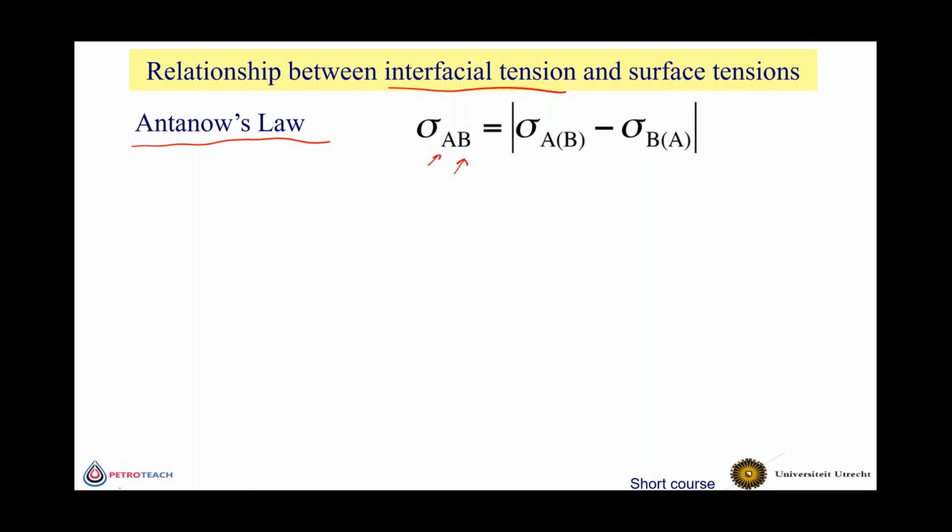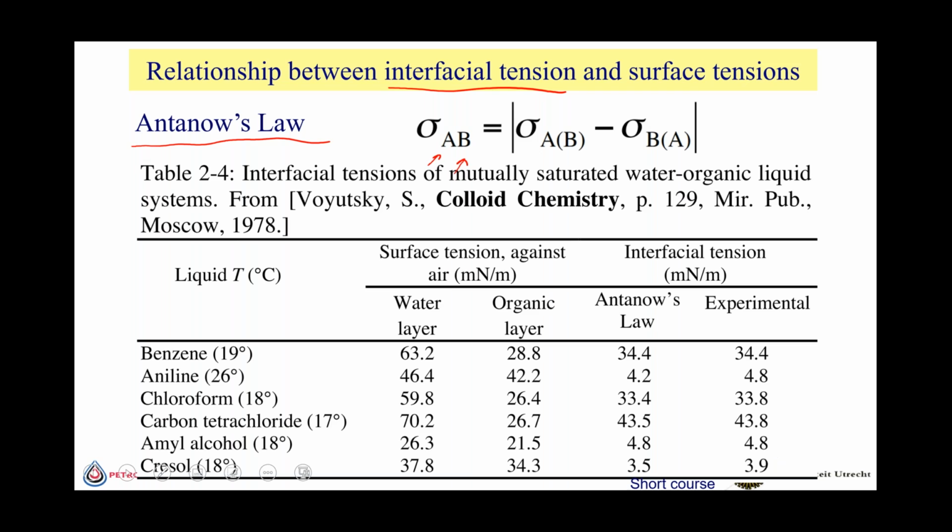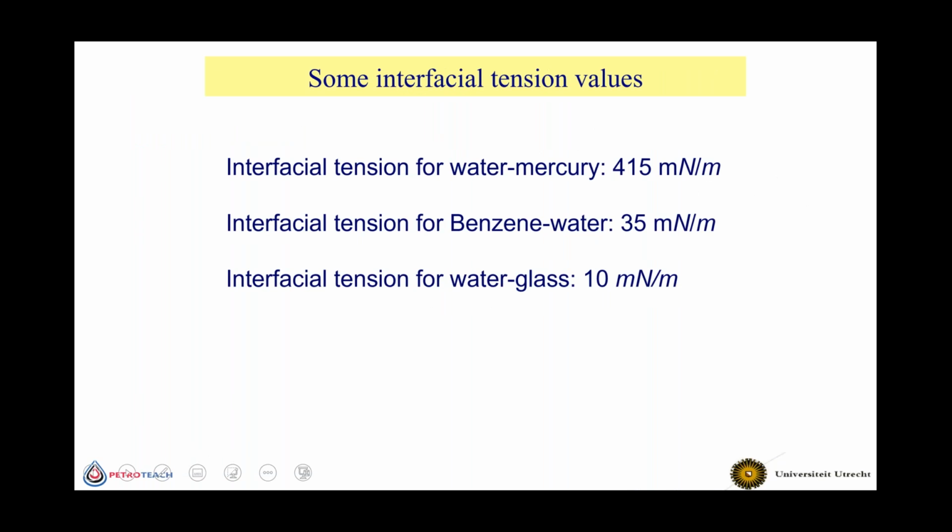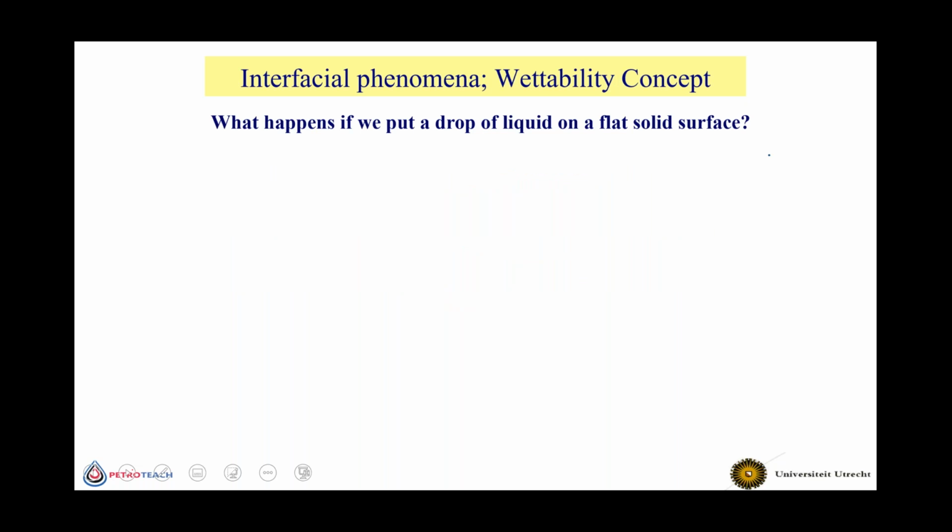I'm not going to go into details of that, but it can be done. And these are some common interfacial tension values, for example, between water and mercury, benzene and water, and glass. We use these values to make some example calculations that we are not going to do here.